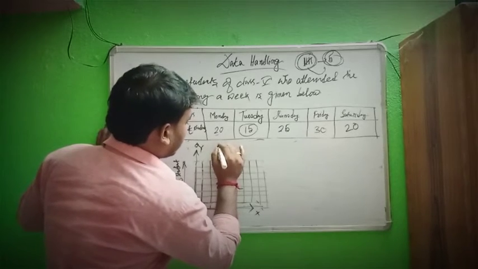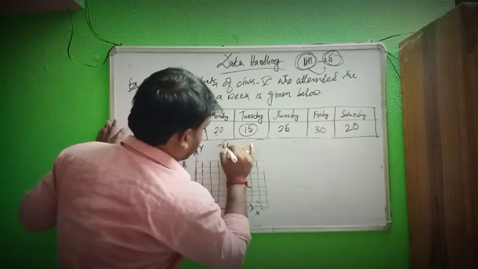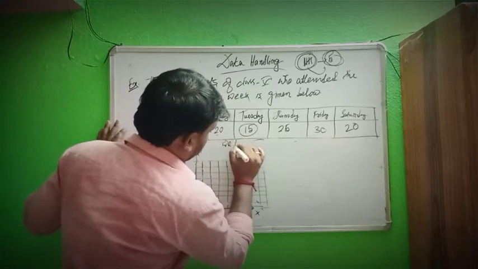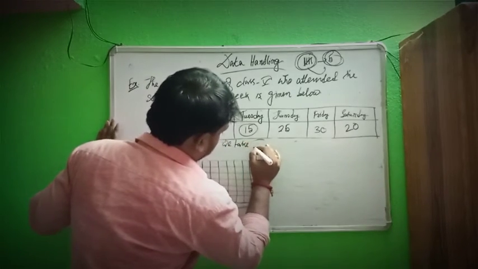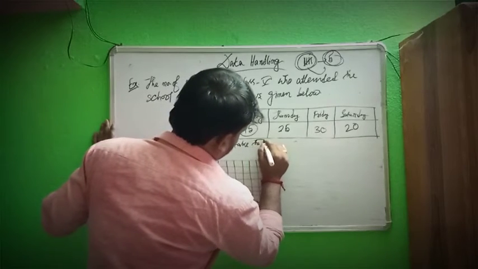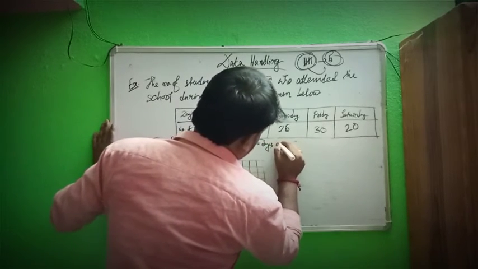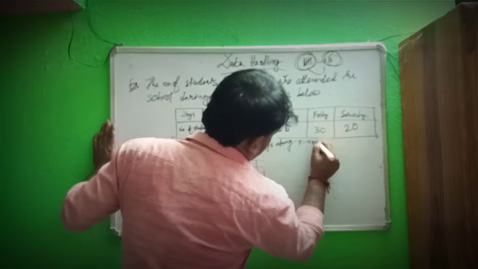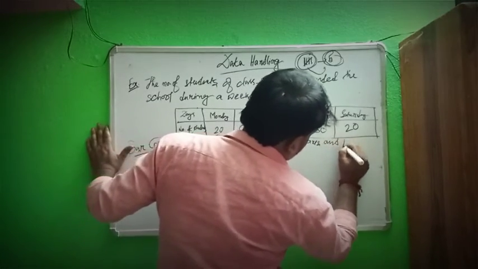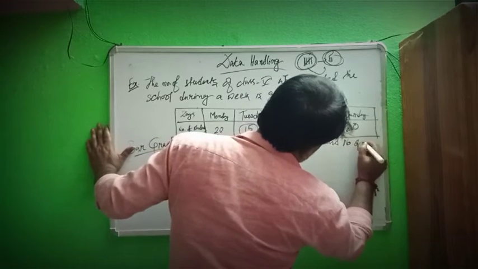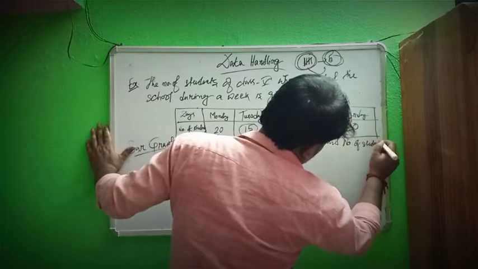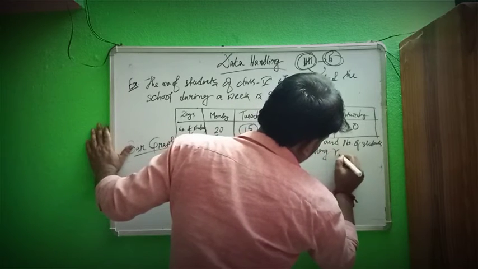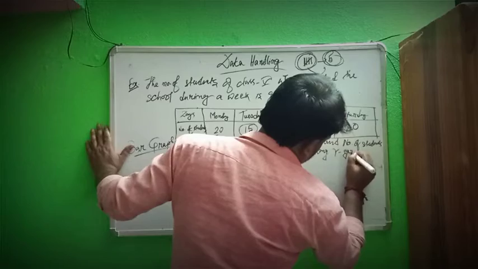So solution: let us take the days along the x axis and the number of students along the y axis.